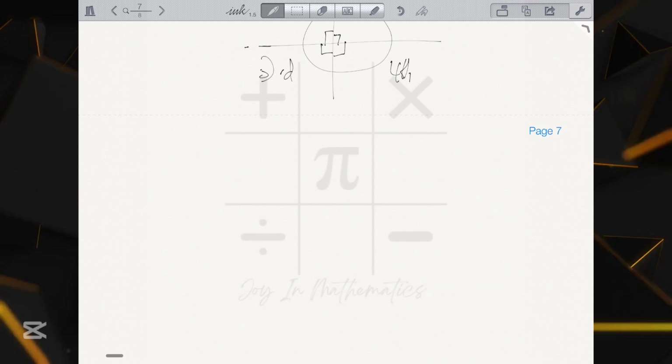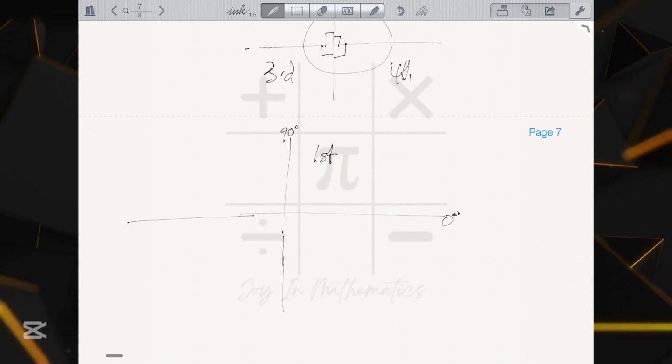So let's depict that in a more interesting way. We will have the first quadrant ranging from 0 degrees to 90 degrees, so we have 0 less than or equal to x less than or equal to 90 degrees.